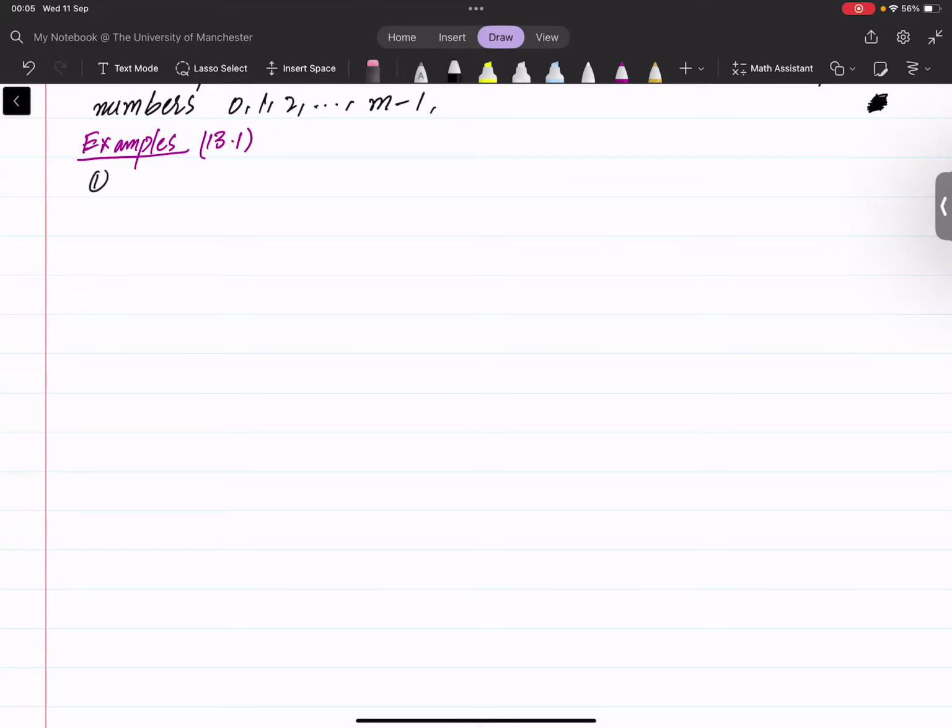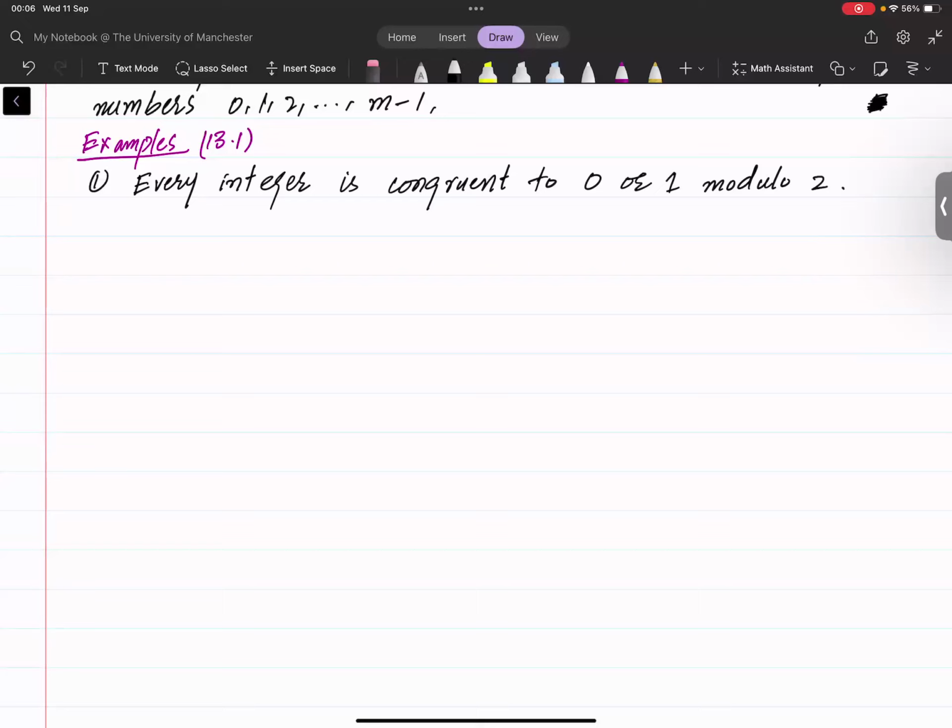Number 1, every integer is congruent to 0 or 1 modulo 2.